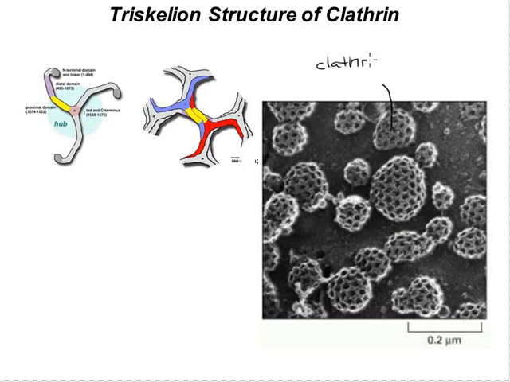Now remember that this is happening at the inner surface of the plasma membrane, so what we're looking at in this electron micrograph are clathrin-coated vesicles on the inside cytoplasmic face of the plasma membrane. Once the sphere is fully formed and the vesicle pinches off from the membrane, other proteins stimulate the disassembly of the clathrin coat, and vesicle fusion, endosome maturation, and receptor-ligand sorting can then take place.